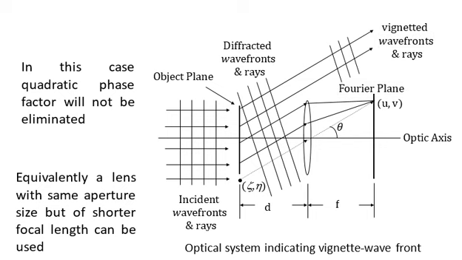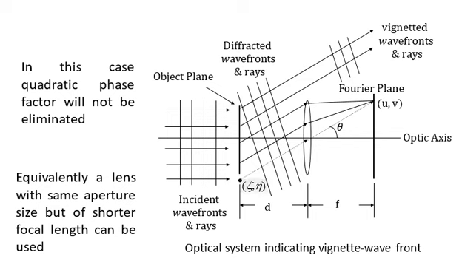And you know that this part of the vignetted wave front is intercepted by the lens, and the lens will focus that part of the wave front at its back focal plane, that is at the Fourier plane, which we have marked as the point u comma v. And if we join this point u comma v through the center of the lens, it will meet the object plane at the point zeta and eta.